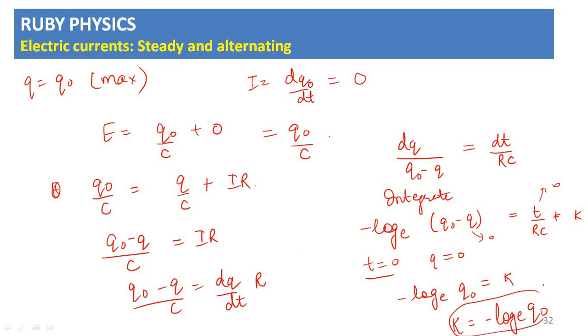We will put this value of K in this equation and we will get minus log base e of Q naught minus Q is equal to minus T upon RC plus log base e Q naught.